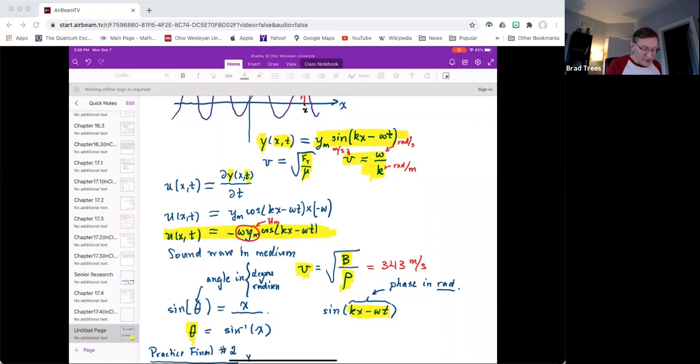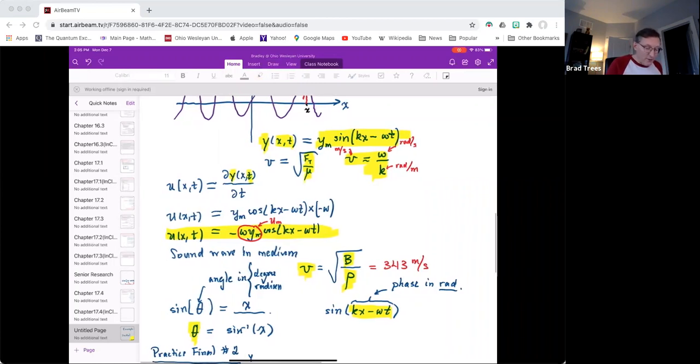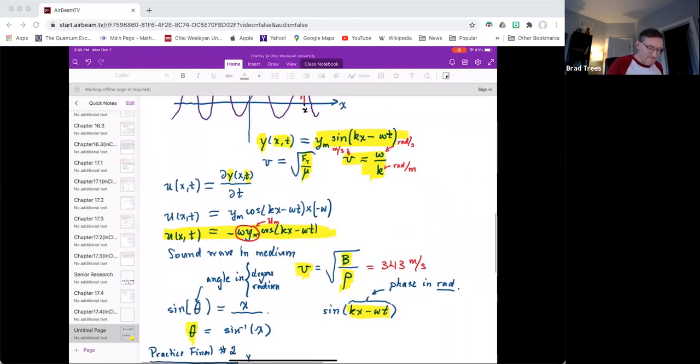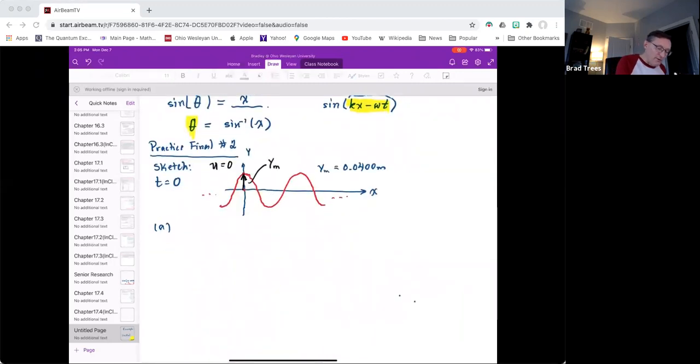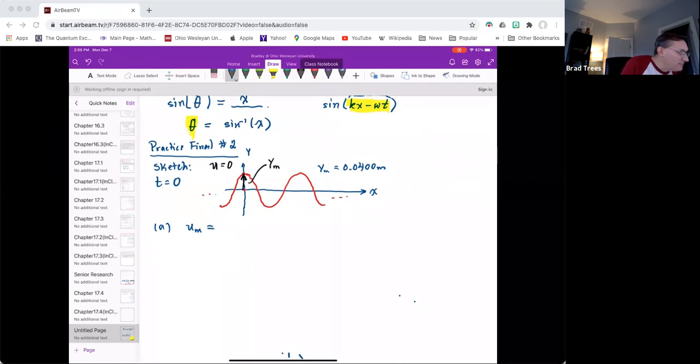Very handy little relationship. Comes right out of that u function right there. So I'm going to use it now. U max equals omega times y max. That's that little relationship I just circled up above. U max equals omega times y max.